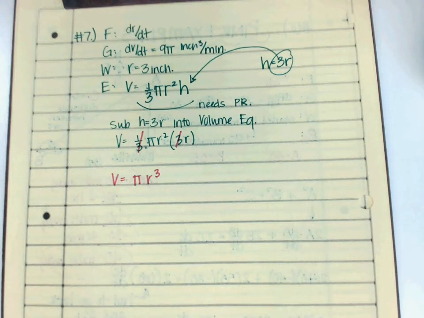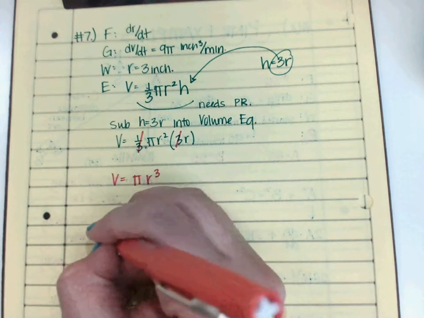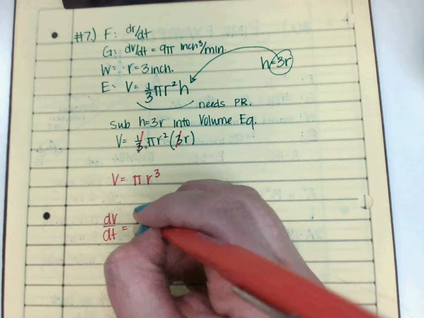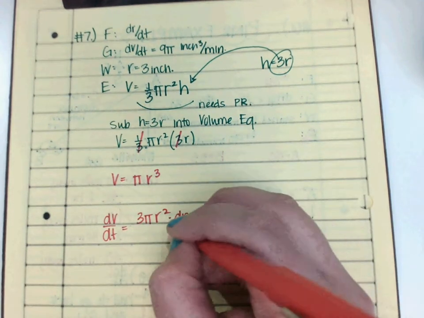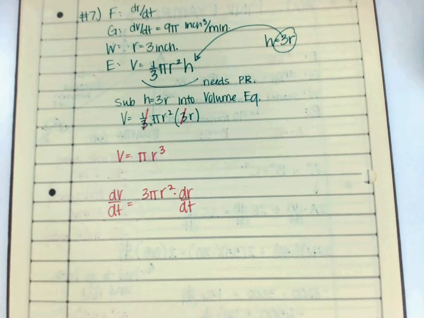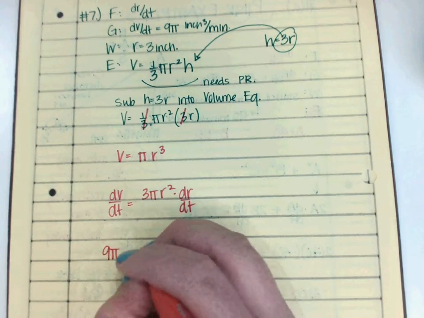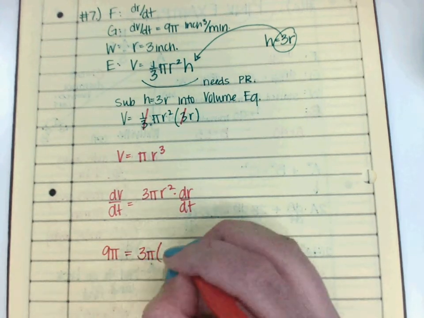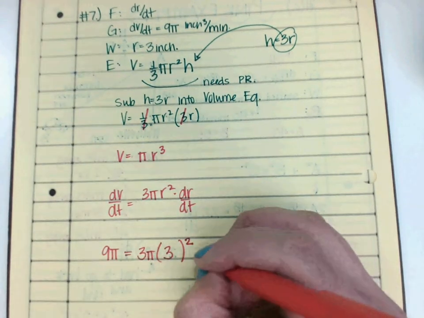What's the derivative? dV/dt on this side, 3 pi r squared, put a what at the end? dr/dt, and then we're ready to plug in. What's our dV/dt? 9 pi on this side, 3 pi r squared on this side. What's my r? 3 inches. Okay, then a dr/dt over here.